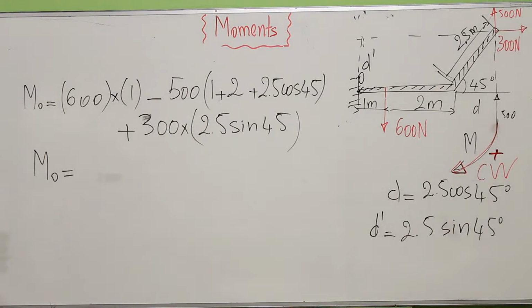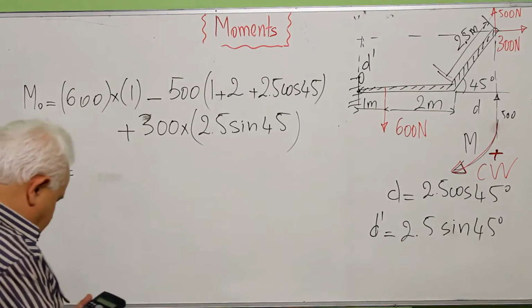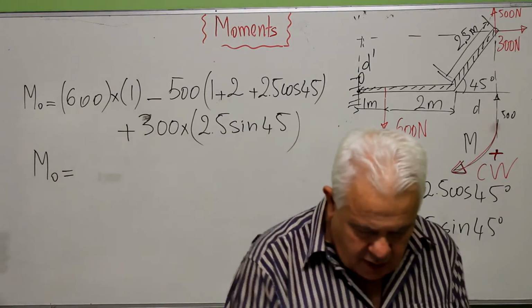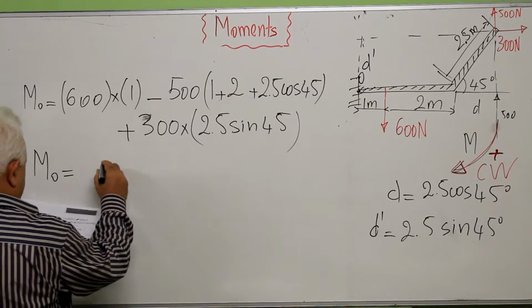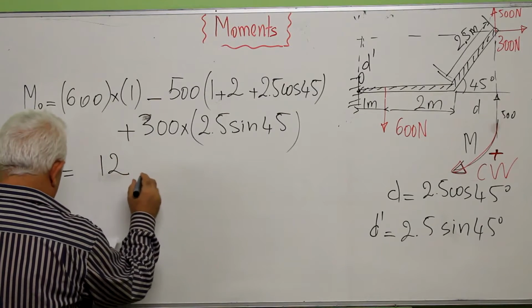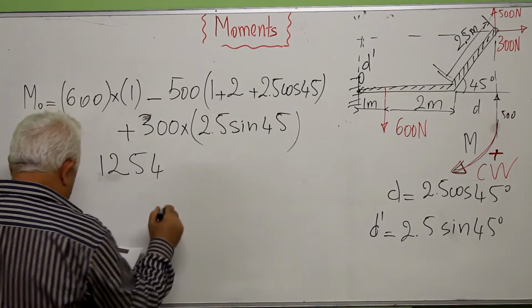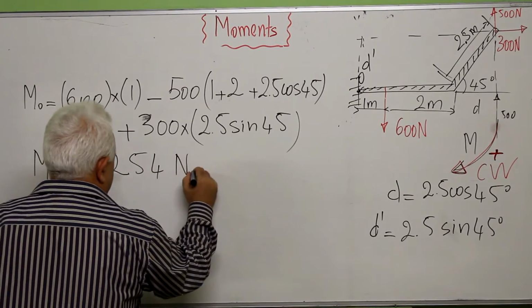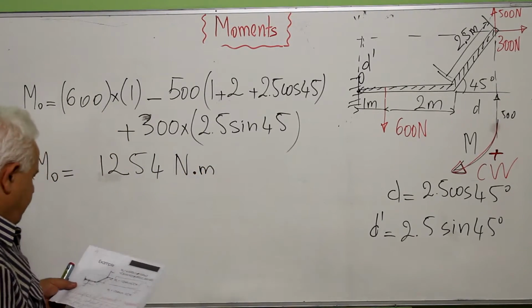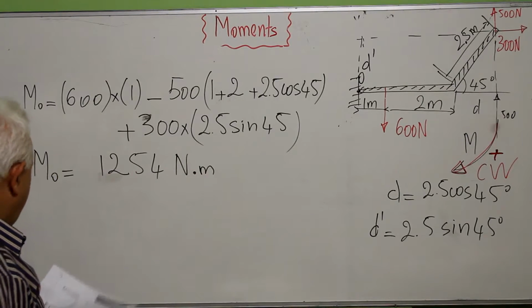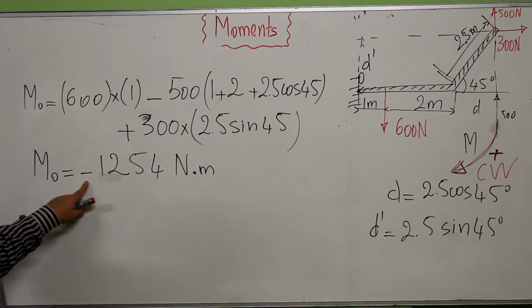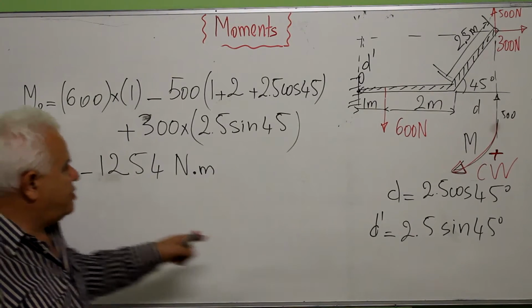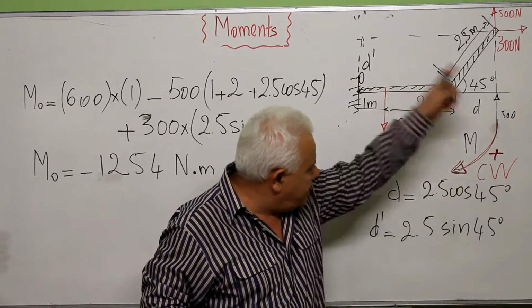You put this into your calculator, and you will find, okay, we can do it. I did this calculation. Finally, you can verify it. It's 1254 newton meters, and with this you will find minus, and this minus simply means it's anti-clockwise, because I have chosen the positive sense as rotating clockwise.